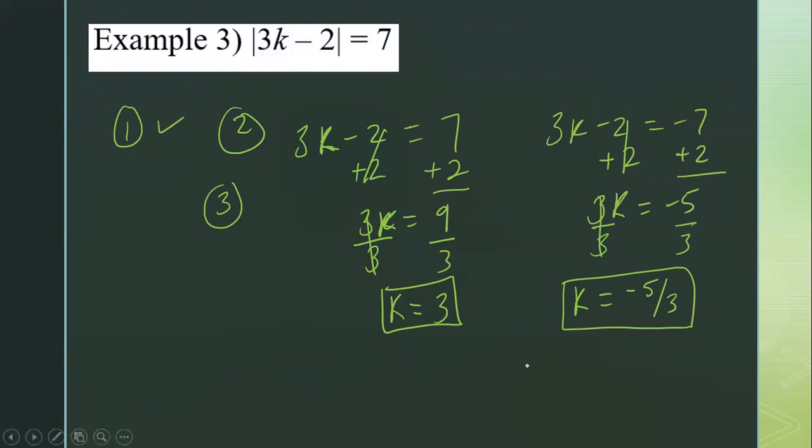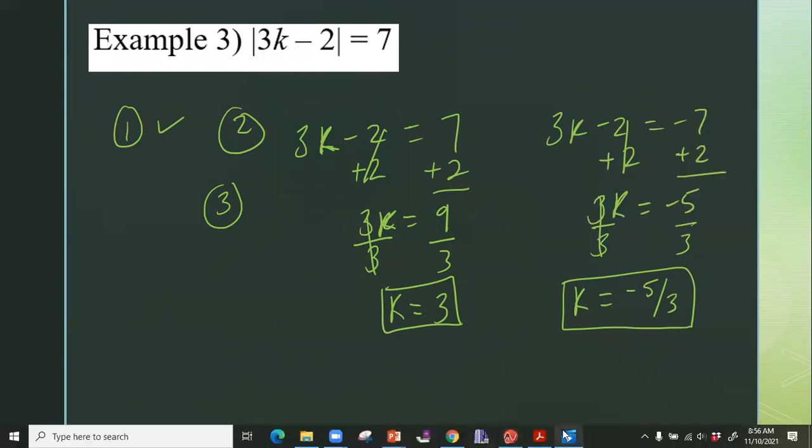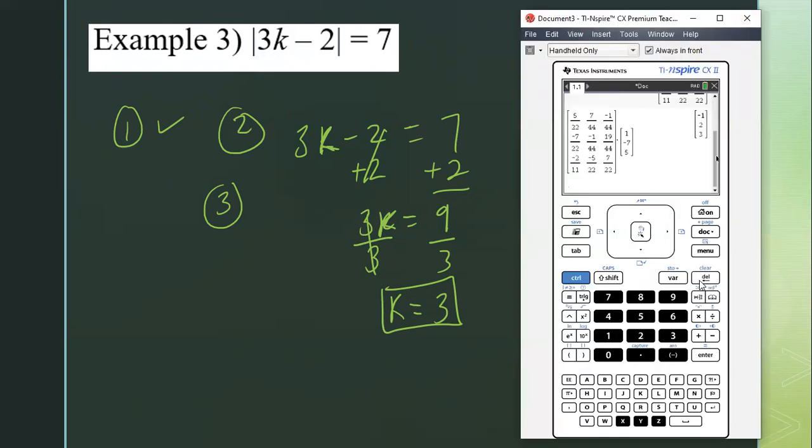And you can always plug in and check. If you're not sure if you did it right and you're not really comfortable about your math skills, you always have the calculator. I'm going to plug in for absolute value bars. You can go right here, the same place we get our matrix from, and you can see the absolute value bar, or you can type in the word ABS and it'll do the same thing. So I have 3 times 3 minus 2, and I get 7.